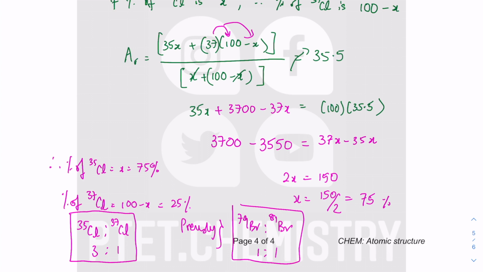We also have this 1:1 ratio for the bromine. That's why our average mass is in between, which is 80. Our average mass for chlorine is not in between, it's not 36, because I have a lot more of chlorine-35. I have 75% of chlorine-35. I have only 25% of the heavier one. So my mass is 35.5, which is closer to the one that I have a lot more of.